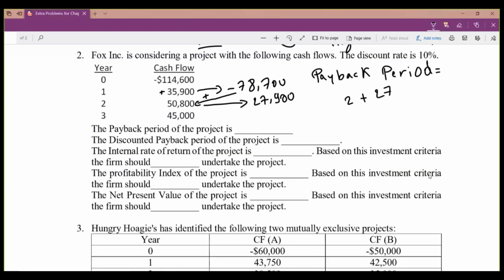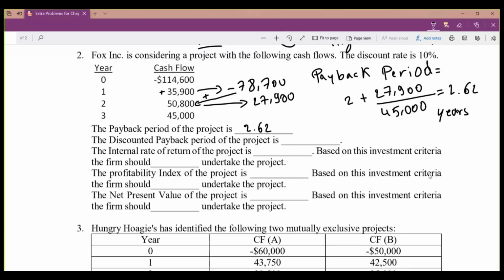So plus $27,900 divided by $45,000. The answer is 2.62 years.